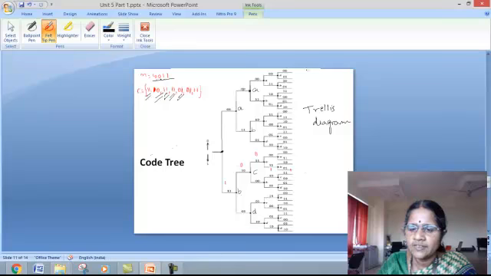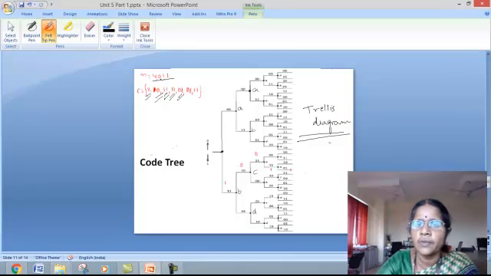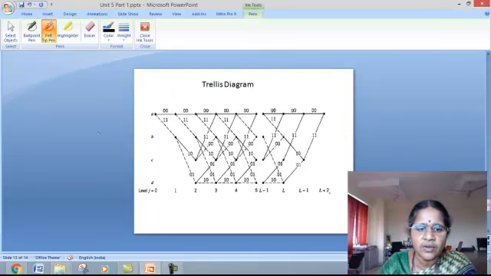In the code tree, numerous branches are there. Instead, in the trellis diagram, we are going to fold these branches of the tree to form a simplified diagram where we'll have only 4 rows, each representing the states of the tree. That is A, B, C, D. Only 4 rows will be there.